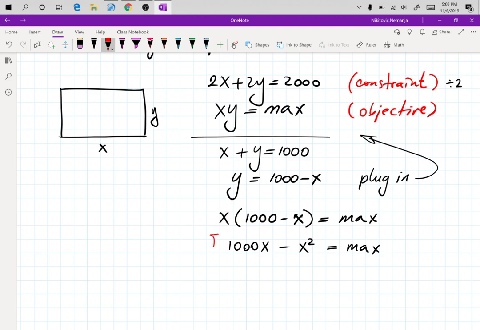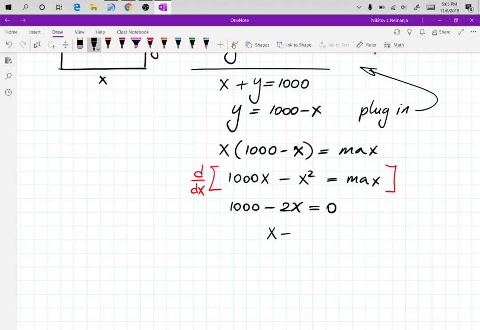This is where you hit this with the derivative with respect to whatever variable is present, and you will get 1,000 minus 2x equal to 0, from where x is 500. Well, y is 1,000 minus x, which is 1,000 minus 500.